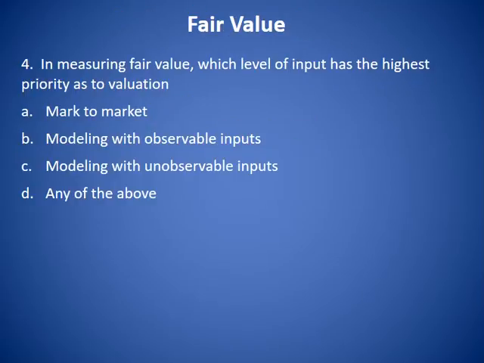Number 4, in measuring fair value, which level of input has the highest priority as to valuation? So again, stop your video, and when you're ready to look at the answer, go ahead and restart the video.